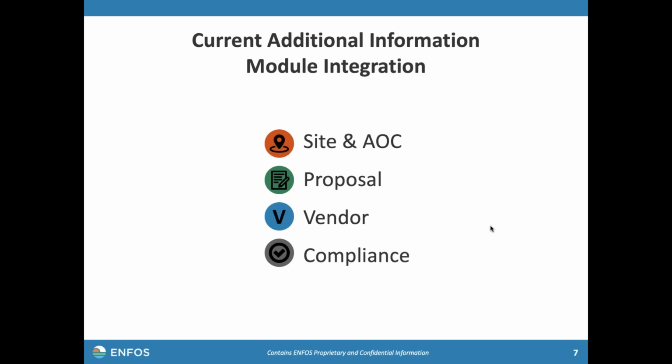We can manage it within your vendor company information. That's under the admin module where all the vendor companies are added. And then finally in compliance, right? And we'll look at some examples in compliance for both the permits and the audit section.